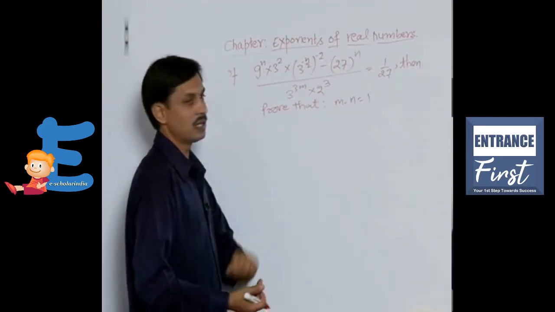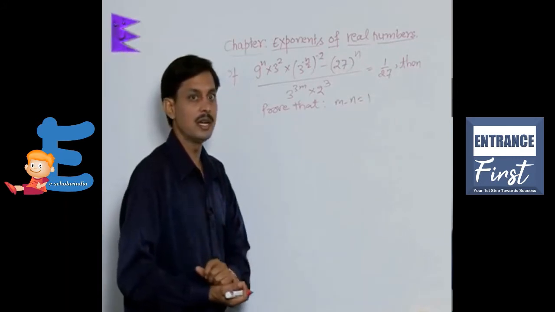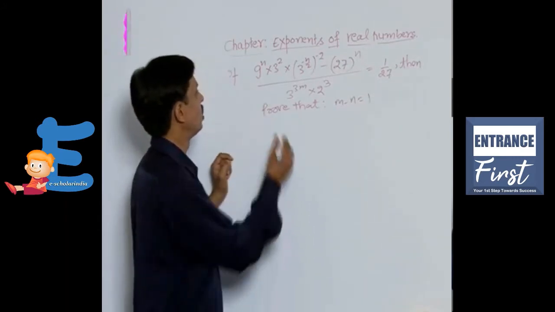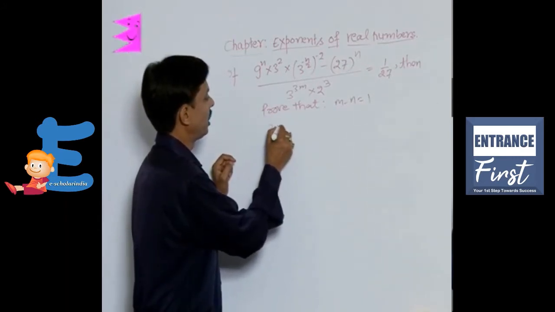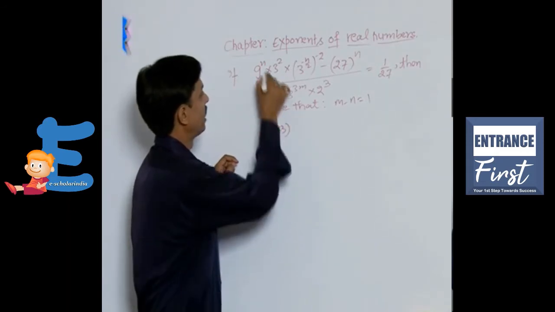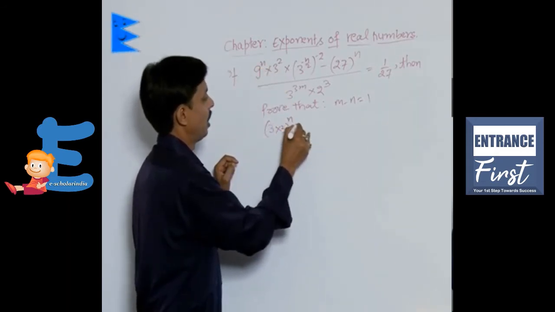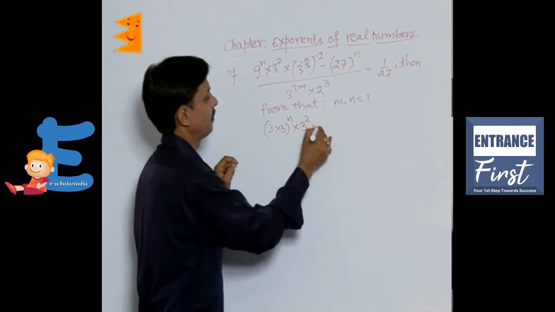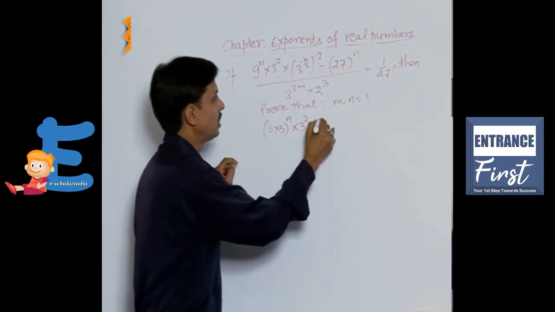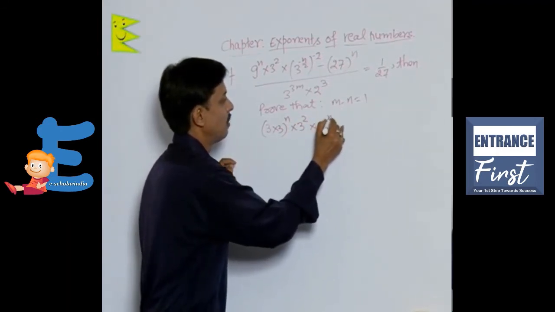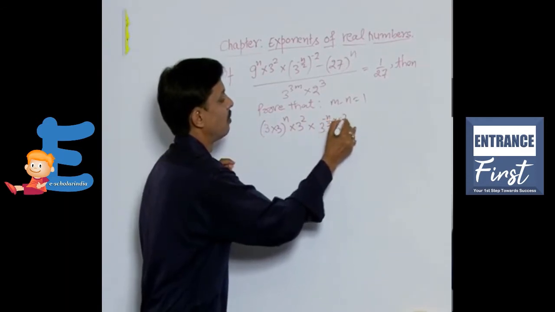What are two numbers whose product is 9? It is 3 into 3. So this becomes 3 into 3, that's to the power n, into 3 squared into 3 to the power minus n by 2 into minus 2.